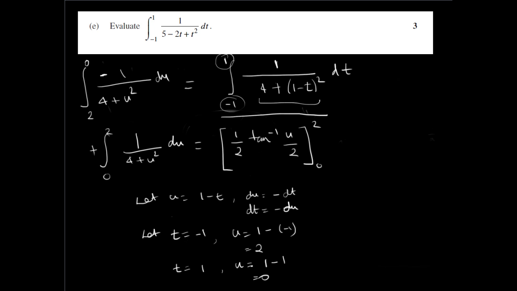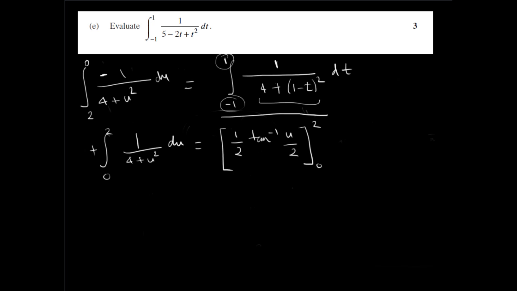So I'll just rub this bottom part out. Okay, so just a recap. I got this part here from this standard integral here. The integral of 1 on a squared plus x squared dx equals 1 on a tan inverse x on a.